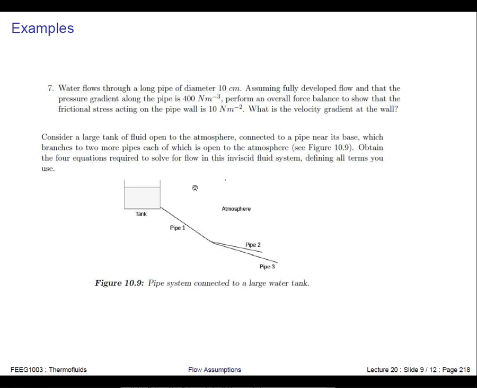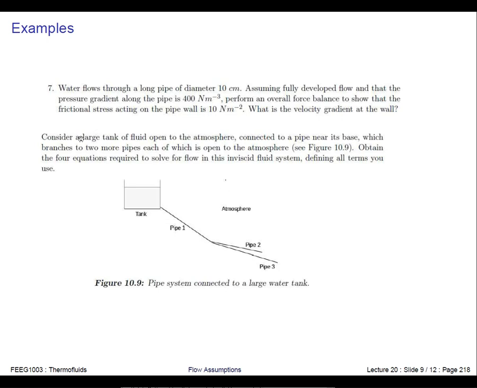Another type of question where you're using a large domain in a slightly different way is this one. Here we've got a big tank and flow coming down this pipe, and it goes out two different pipes, and these pipe exits are at different heights. You haven't done this question yet, but it's really about looking at the hydrostatic head in relation to working out how much mass flow goes down these two pipes.